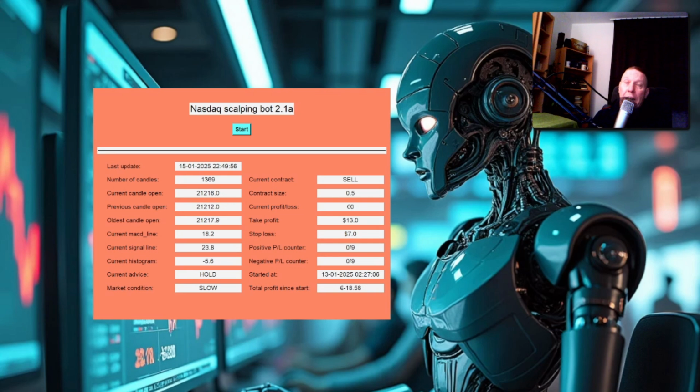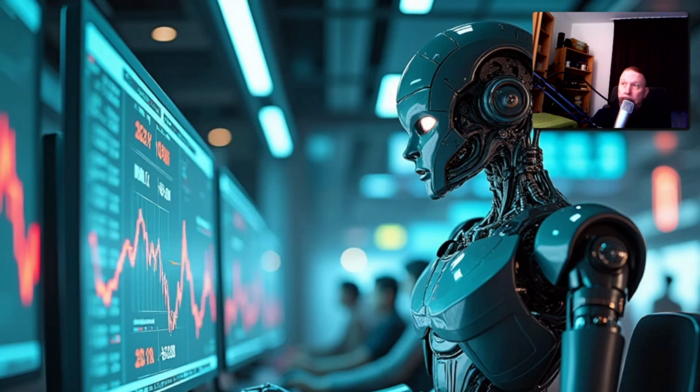Then I can explain what I see and if there is something wrong with the code. I'm not sure. So this is the bot, and the bot did what it should do. So no problems there. So let's go to the market and the profits.